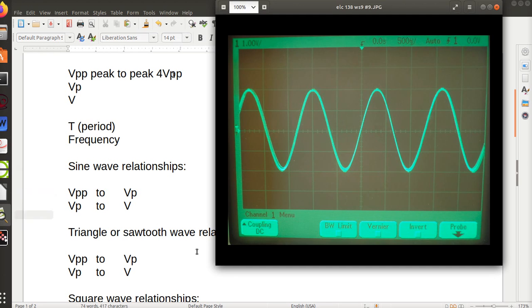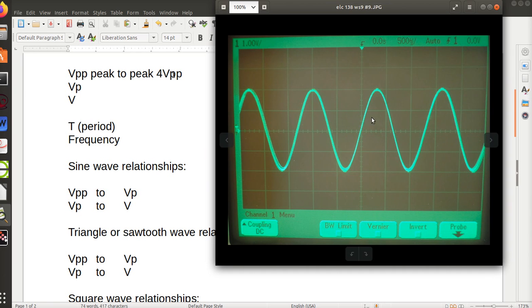Now the other range is peak voltage, and peak voltage is from the 0. In this case, the 0 is this center line right here on the oscilloscope. It's got the extra hash marks on it. So if I go from the center line to the top peak, then what you see is I've got 2 squares.